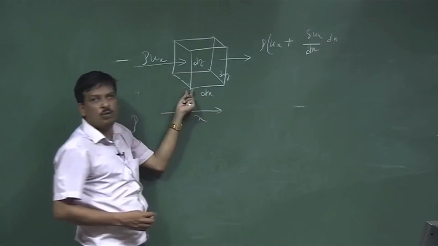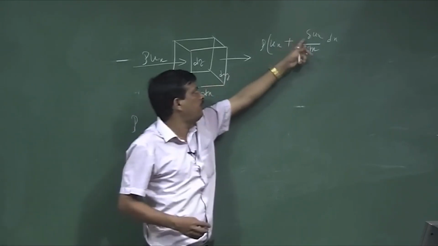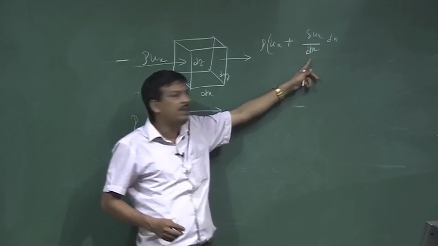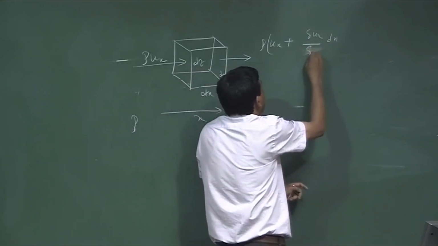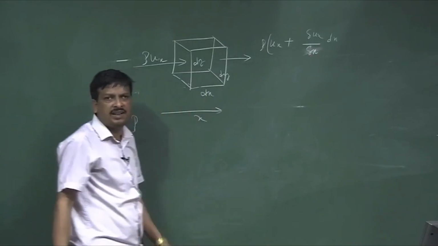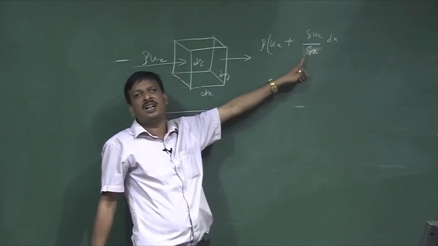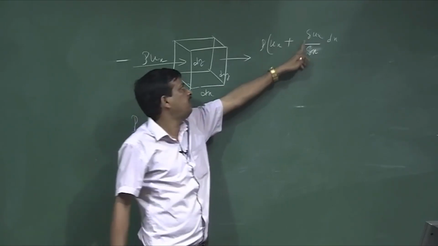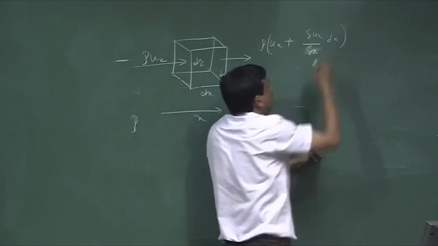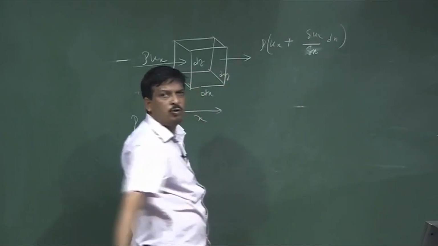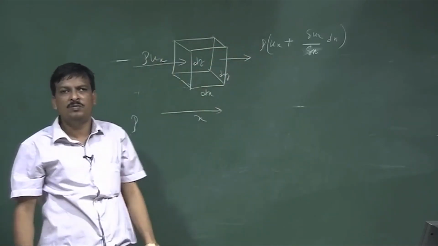Change of velocity within a unit distance, and the total distance is dx. So the change of velocity per unit distance is del ux by del x, into the total distance dx. We always write it as del ux by del x into dx, because dx is the distance and the change of velocity due to the change of space is del ux by del x into dx. Okay, multiply by rho. So that much of the particles will leave through the volume.